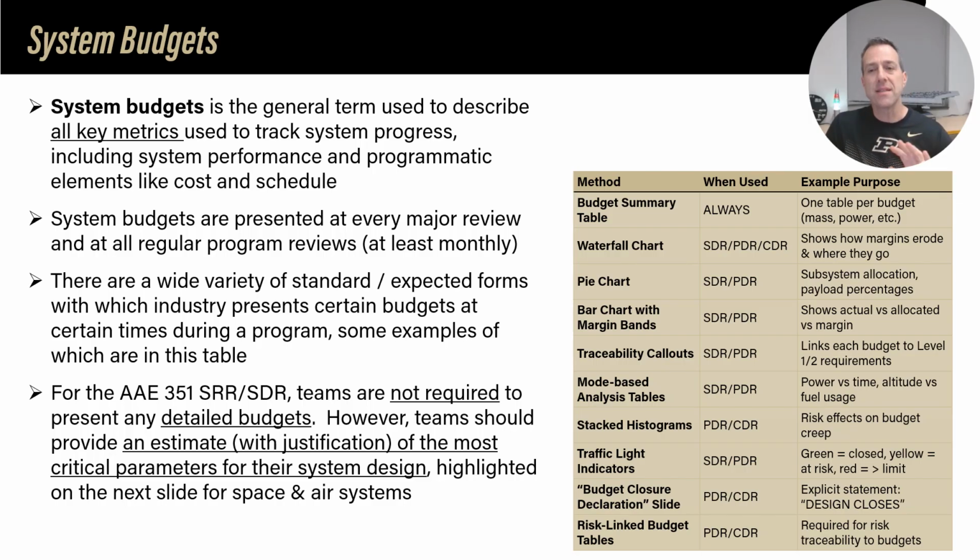So we're not going to go into all the nitty-gritty details of the technical budgets, but I want teams to give estimates like you would see in a review, estimated values based on research you've done, based on similarity, based on some bottoms-up estimation, or even some tops-down similarity estimation of some of these key parameters. I'll describe what those are in a chart or two.